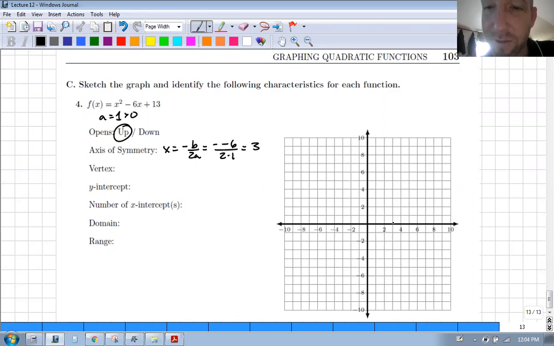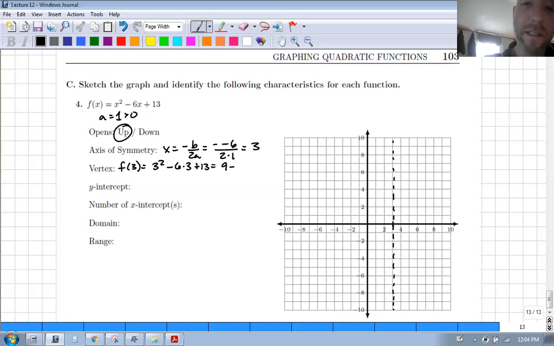So over here at 1, 2, 3, there's our axis of symmetry. The vertex, the x value is 3. So to find the y value of the vertex, we look at f of 3. So we got 3 squared minus 6 times 3 plus 13.